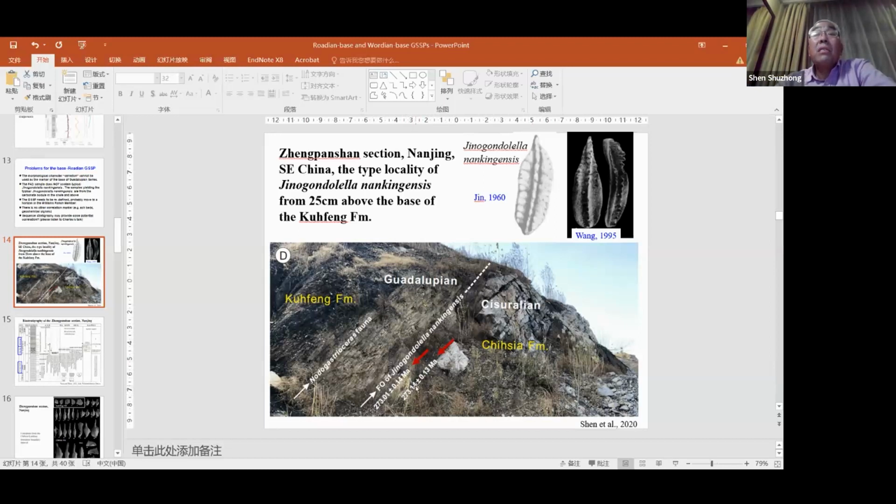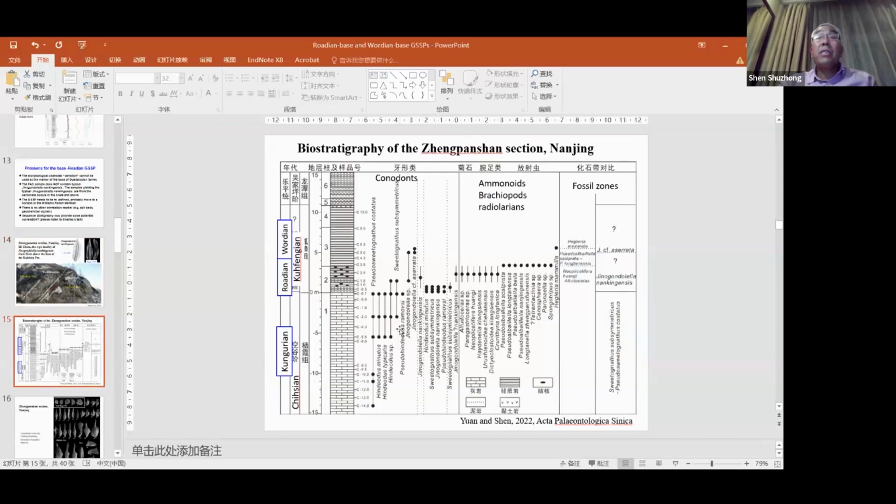That is currently used for the base of the Guadalupian, the absolute age. This is actually from Zhenpanshan near Nanjing, not from North America. And the section contains quite abundant fossils, including conodonts, ammonoids, brachiopods, and radiolarians, and they're very abundant.